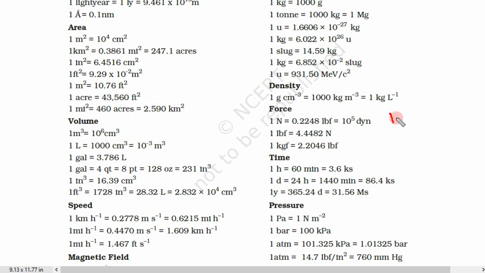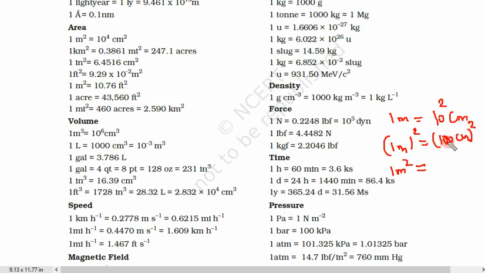You know 1 meter is equal to 10 to power 2 centimeter. What happens if we square? So let us square 1 meter and square of this. We get square of 1 is 1 meter square. This is 10 to power 2, if we square this, this is 100 centimeter square.